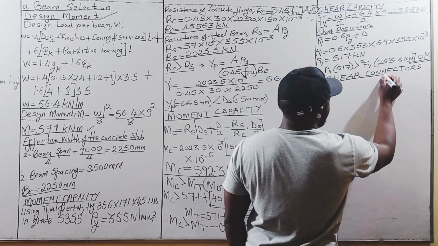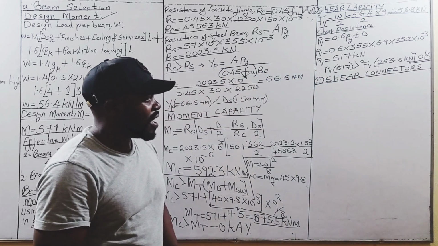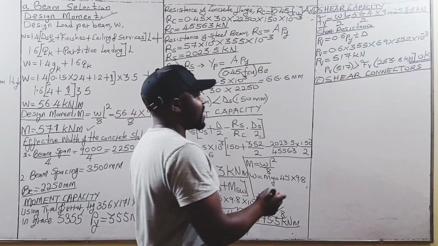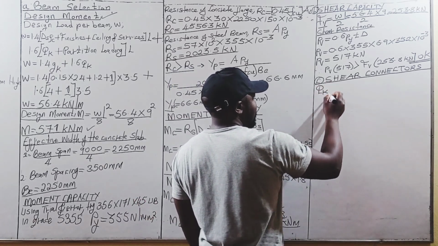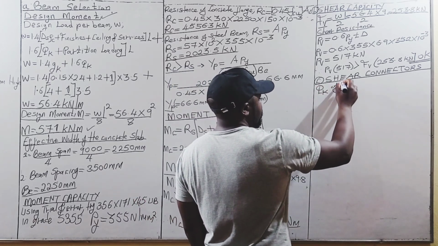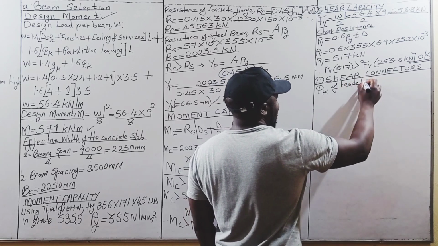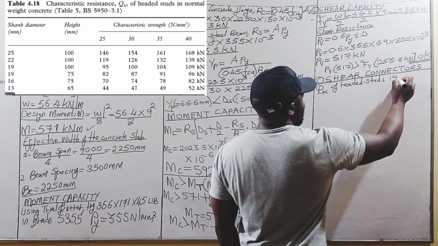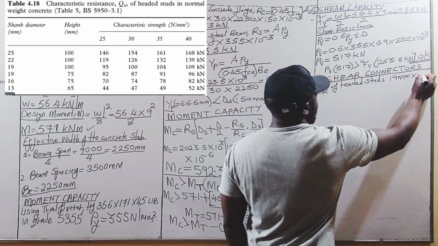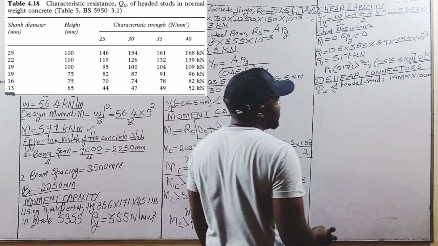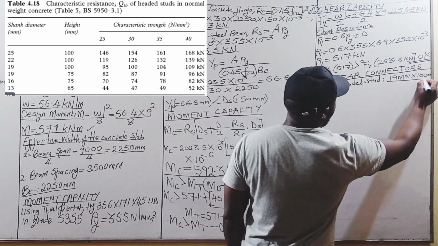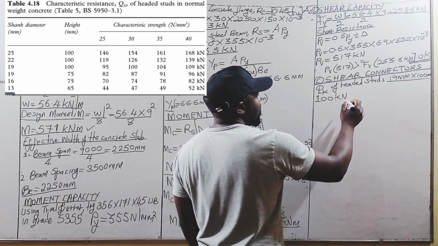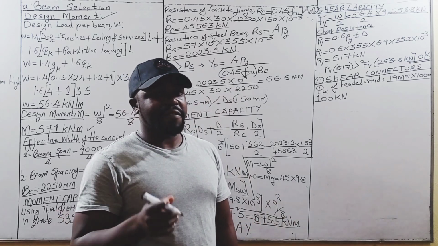From table 4.18 of BS 5950, the characteristic resistance QK of headed studs, which will be used as shear connectors, of 19 millimeters shank diameter by a height of 100 millimeters, QK for such studs is 100 kilonewtons. That is from table 4.18 of BS 5950.